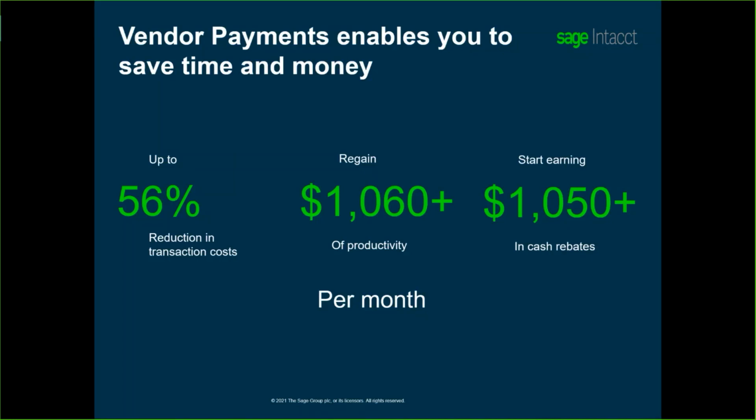Second, if we look at those same 200 monthly bills that our average Intacct customer pays, just by switching to CSI, you're going to be cutting costs, and you can further reduce these costs by an additional 56% if you utilize CSI's expertise in recruiting vendors to accept a virtual card payment.